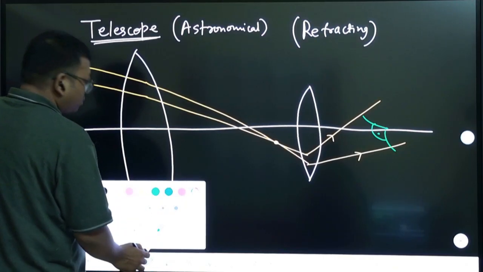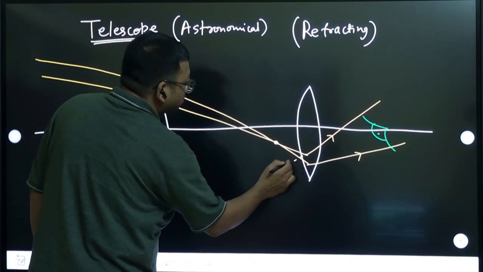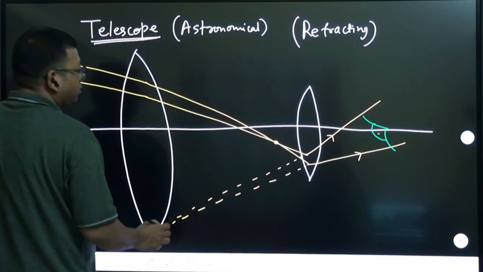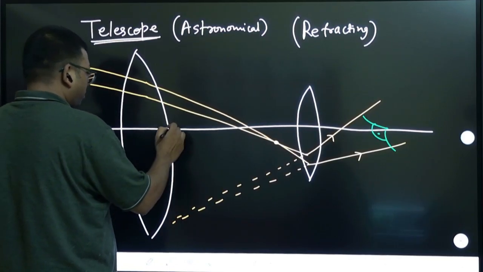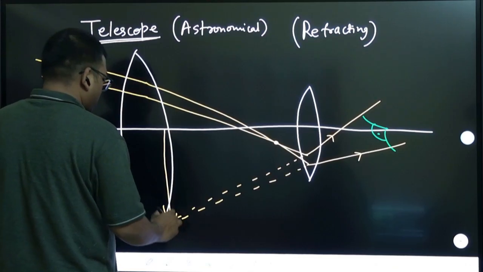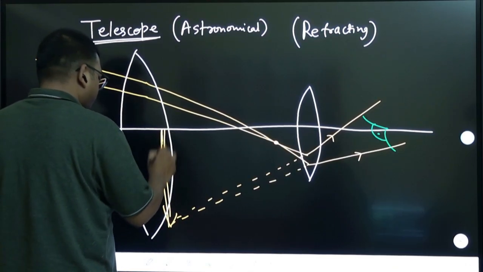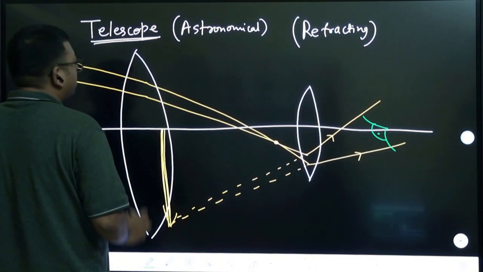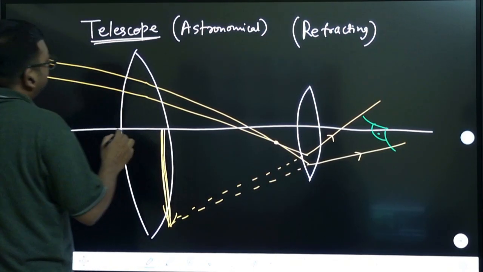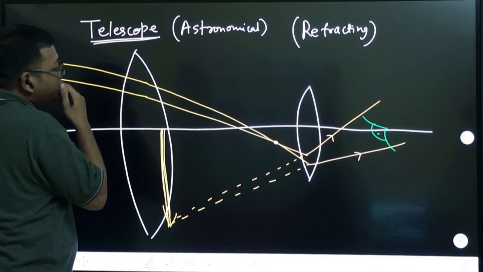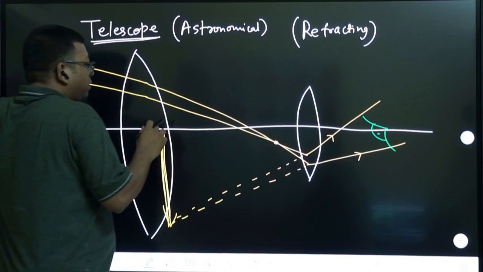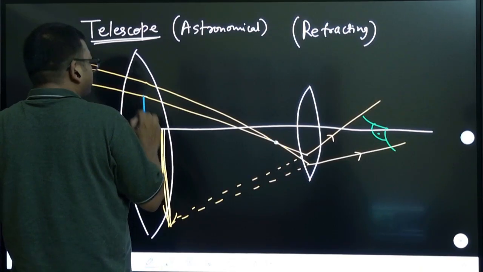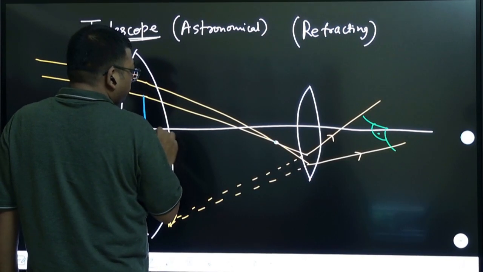Now this way you have to extend this back side, and this is the final image. Anywhere it can form, but let us say it is forming here. This is the final image. So here note that these rays are coming very parallel to this, so they are meeting here, and they are going to meet at the focus.